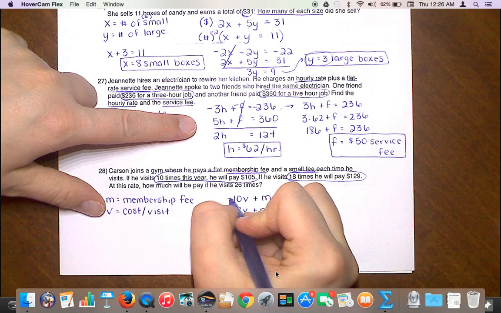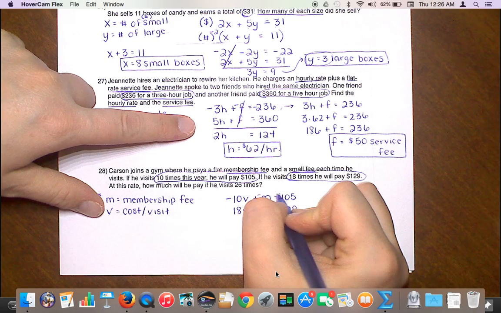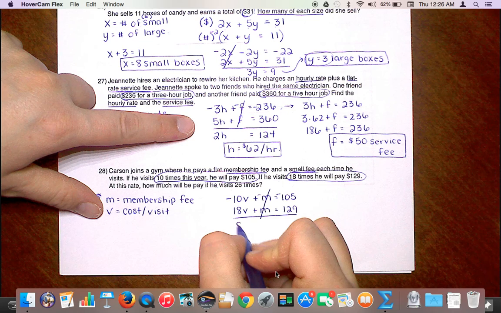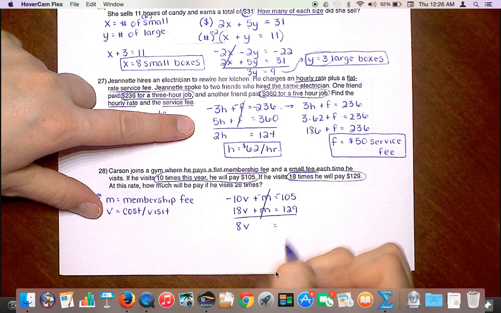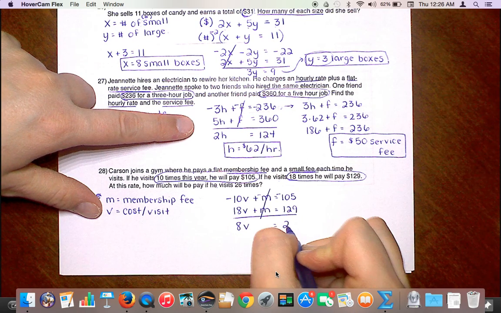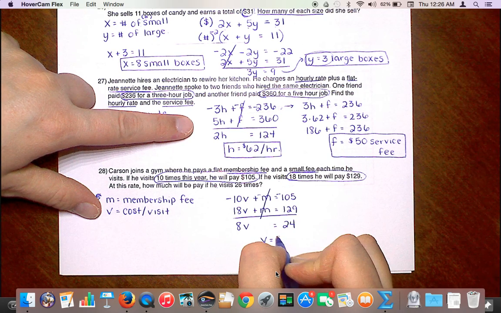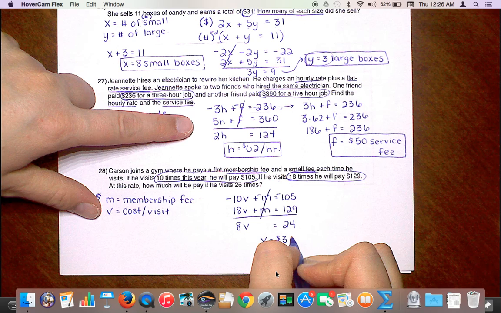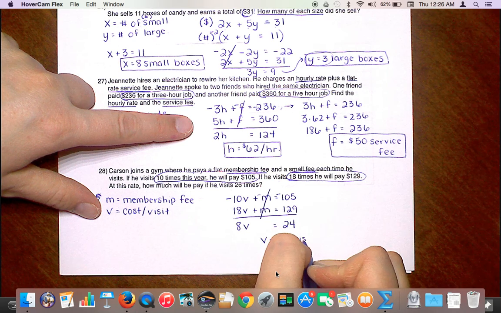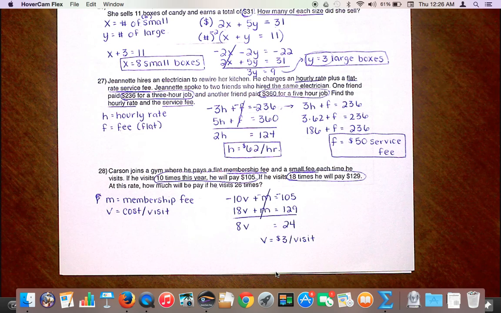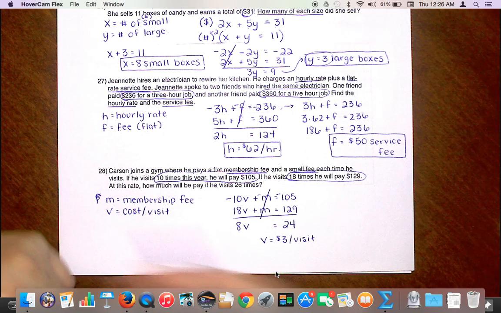I would go through and make one of your equations negative, so that when you add together, these are going to cancel. So this would leave me with 8v equals a difference of 24. And so if I divide, I get v equals 3. And that's $3 per visit. Okay? Now let's go back and figure out what our membership fee would be.